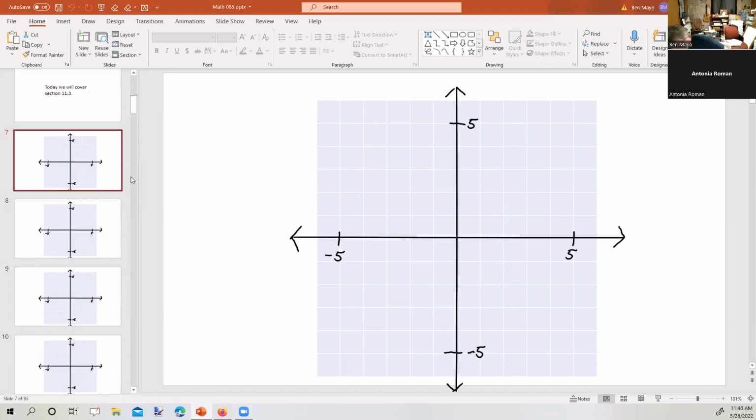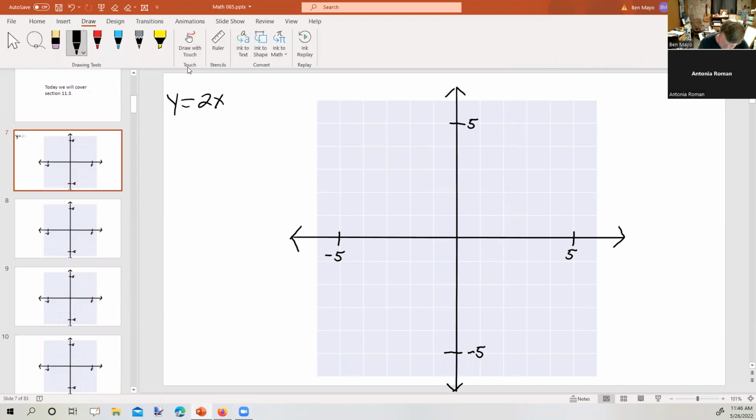Yes. Okay. So this quarter, we've looked at linear functions or linear equations like y equals 2x. So that would be what? A line going through the origin with a slope of 2. I'll graph this thing here.